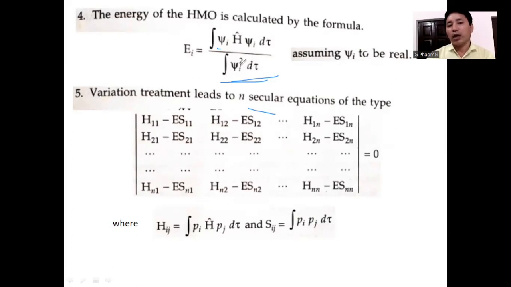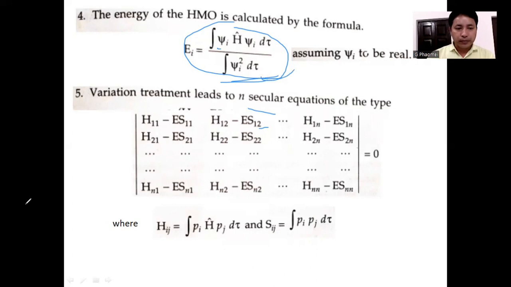If it is psi i with psi i, it will be S11, and if it is psi i with psi j, it will be S12. Like that, the integrals in these equations can be written in terms of H11, S11 or S12, that means p_r, p_r or p_p, from these equations.